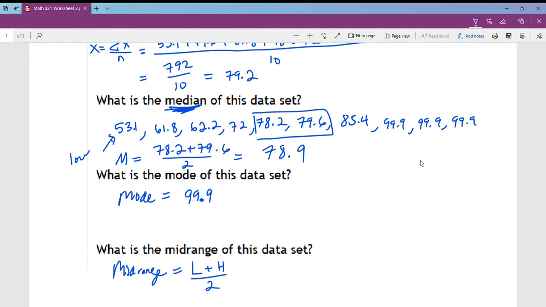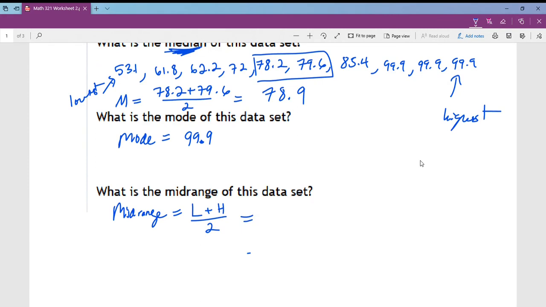This is the lowest and this is the highest. So the mid-range is equal to 53.1 plus 99.9 and we'll divide it by 2. This gives us 76.5. This is our mid-range.